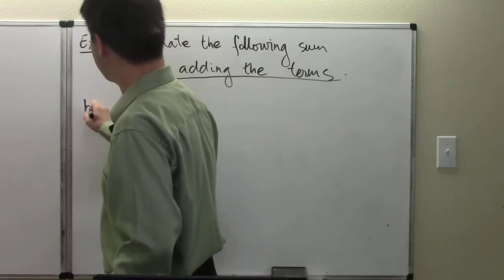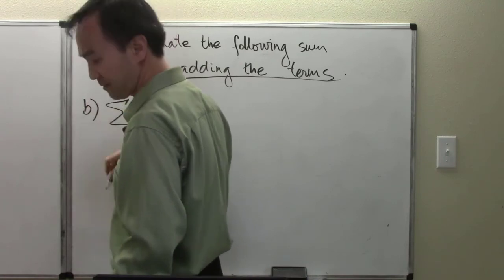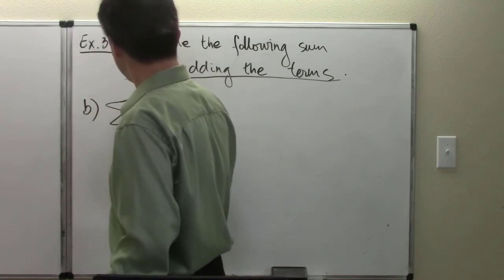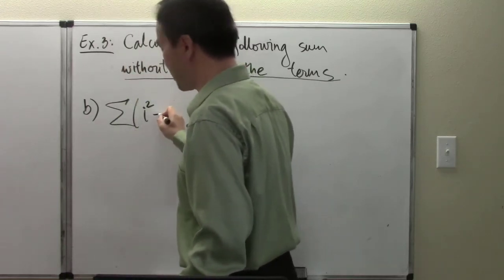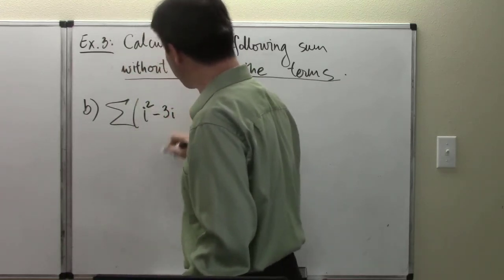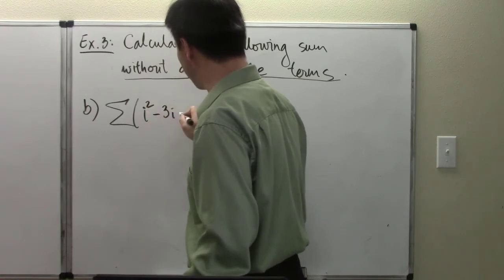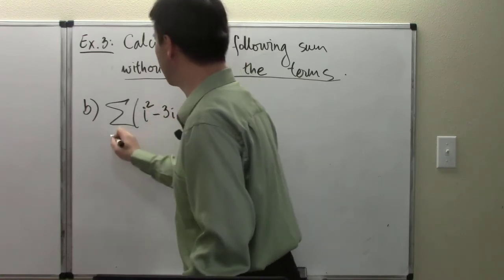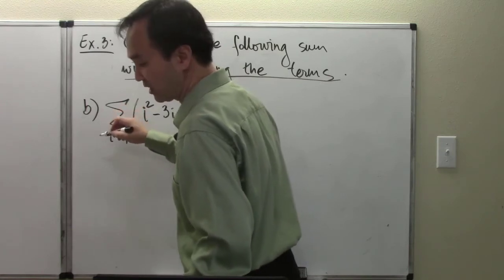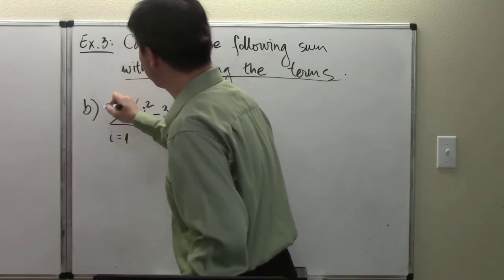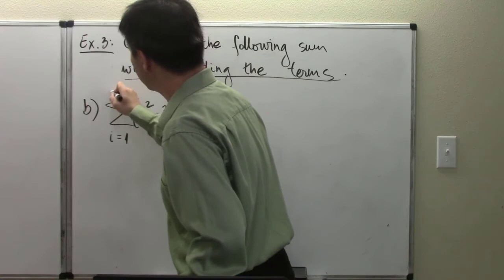For B, I'm looking at a sum where each term value is regulated by i squared minus 3i plus 2, where i goes from 1 to, how about just 10 again.